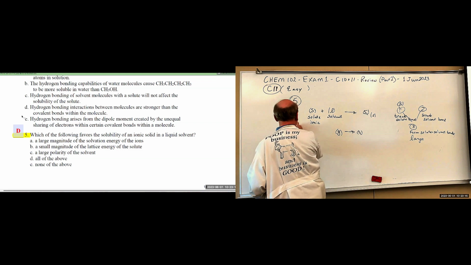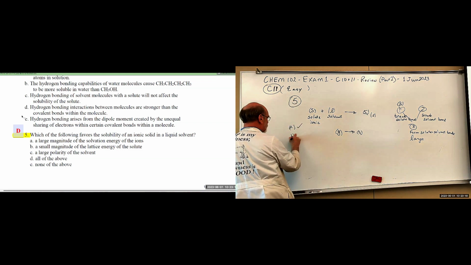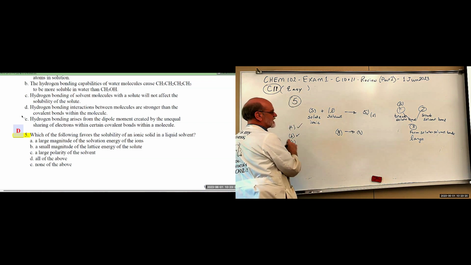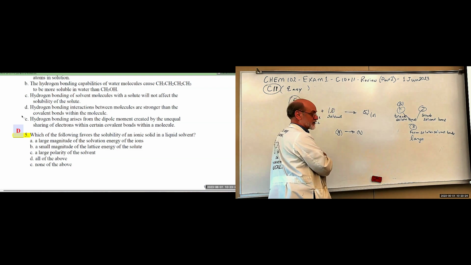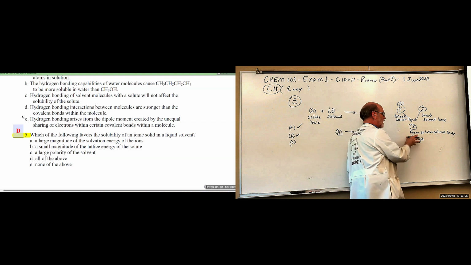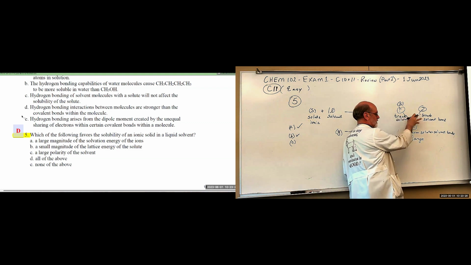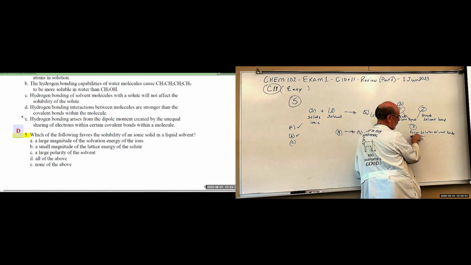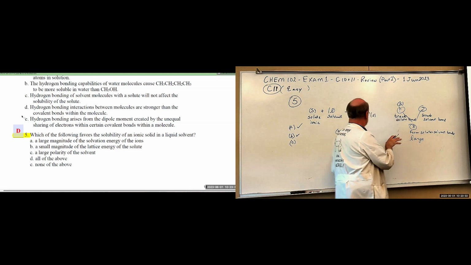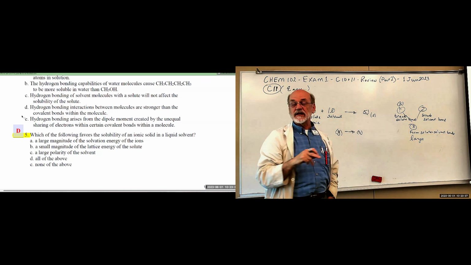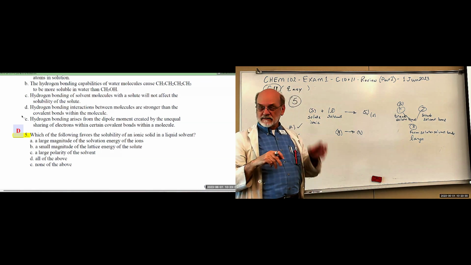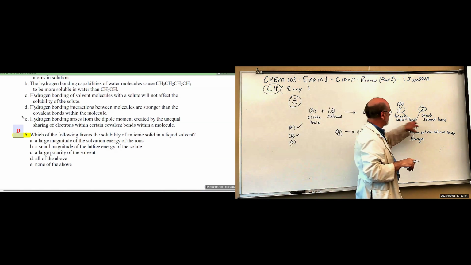So A favors, B favors, what's C? A large polarity of the solvent. Yes, if the solvent is very polar, then it interacts with the ions here. And that's actually another way of saying this one. Large magnitude of solvation energy is due to the high polarity of the solvent and the ions.